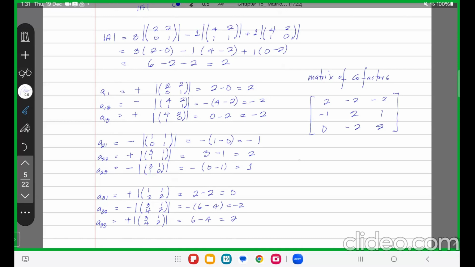Then A inverse is 1 over the determinant of A, which is 2, times A adjoint. And A adjoint is the transpose of the matrix of cofactors. The transpose means that you're going to interchange rows and columns. So the first row becomes the first column.